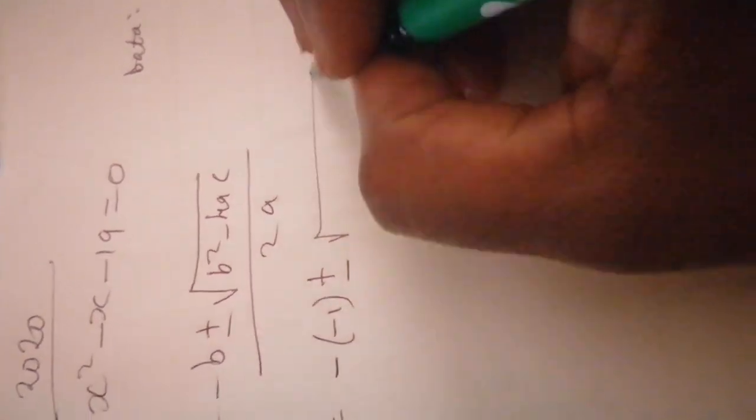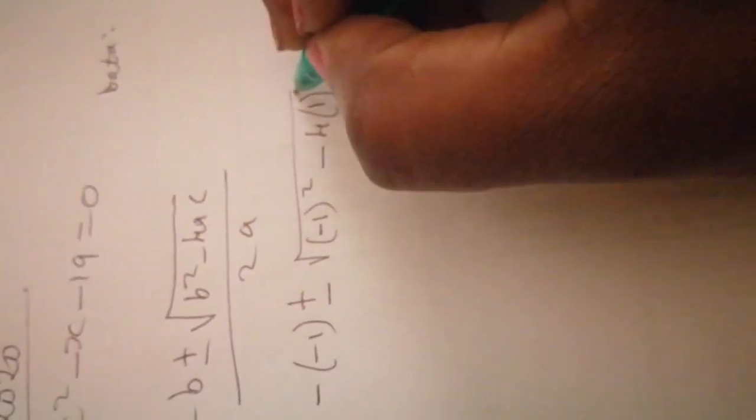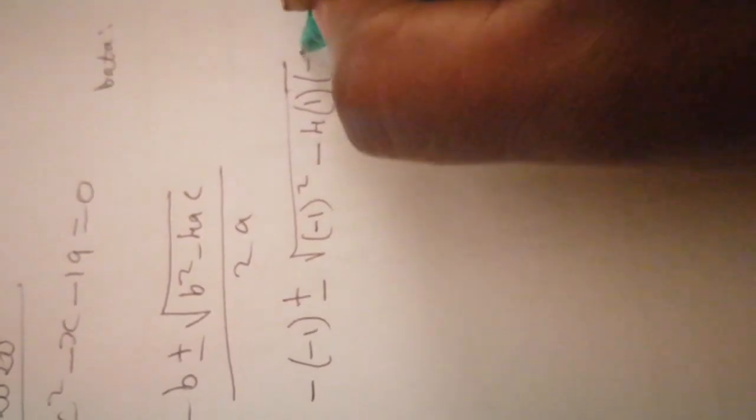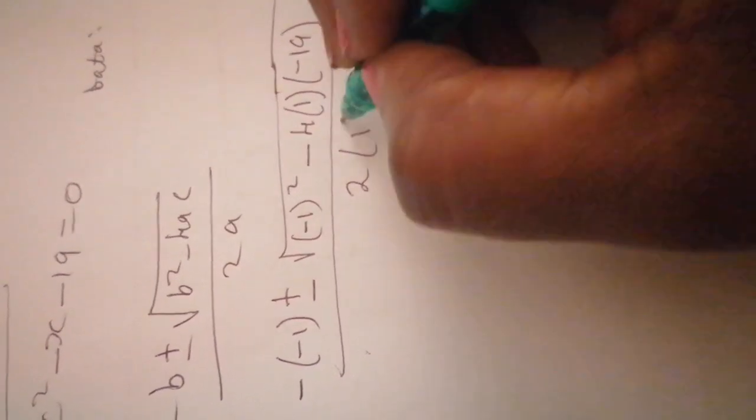Okay, so the formula x equals negative b plus or minus square root of b squared minus 4ac, everything divided by 2a, equals negative b, which is negative 1, plus or minus square root of b, which is negative 1, we square it, minus 4 times positive 1 times negative 19, everything divided by 2 times 1.